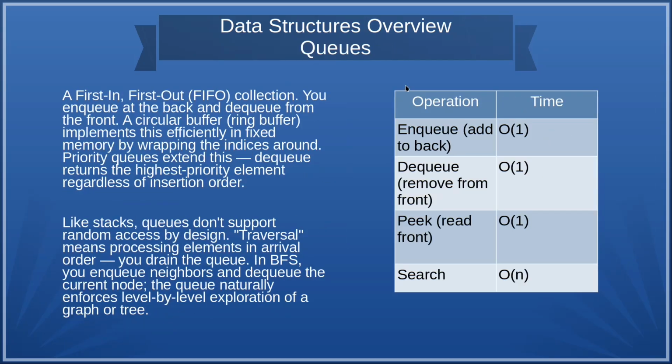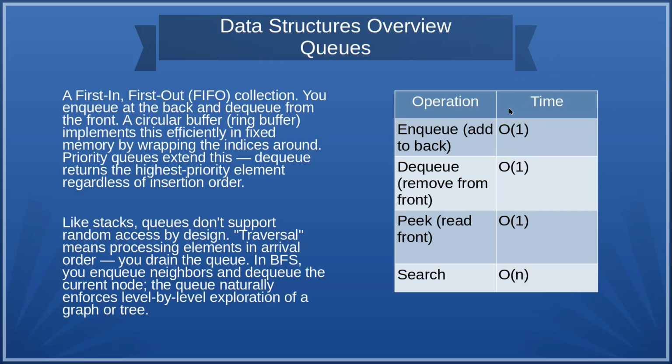So you NQ, and you can also DQ, which means you remove the ones that you've added in order, basically. If you need a peek, you just read the front. If you need a search, you need to keep searching for the ones that you just added.